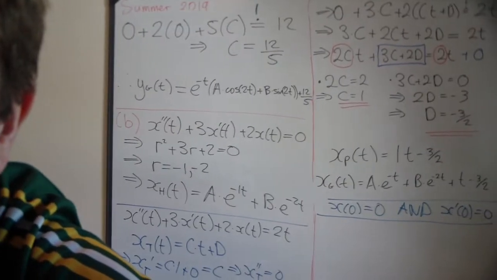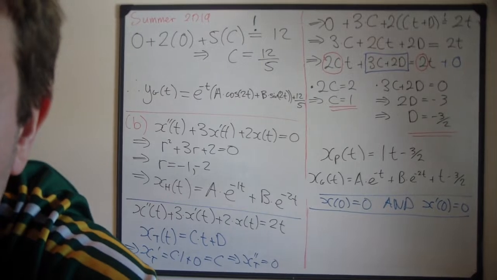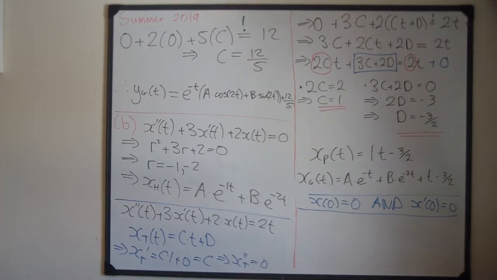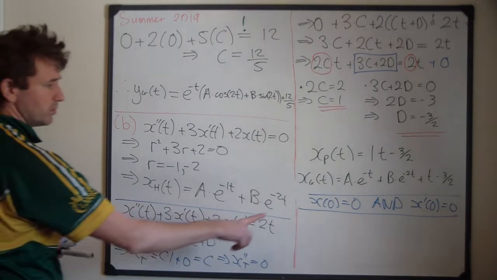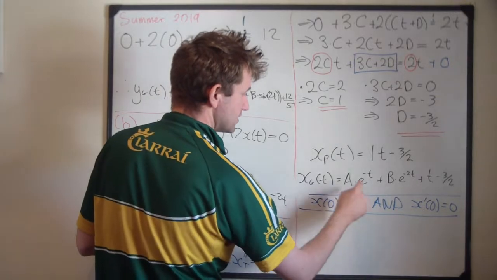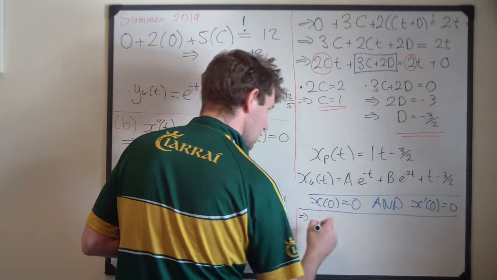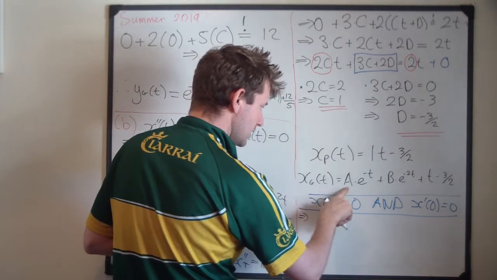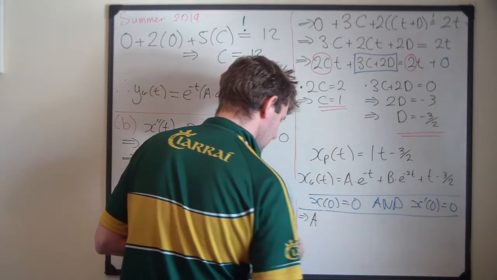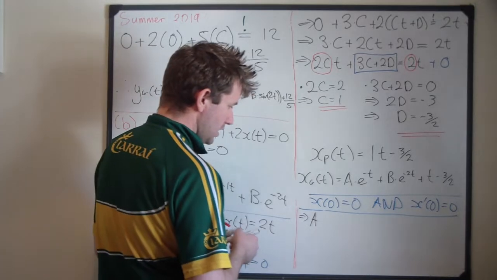Just going to zoom out a bit there. Right. So we'll apply the first one. This says when t is equal to 0, x equals 0. So substitute t equals 0 into this.